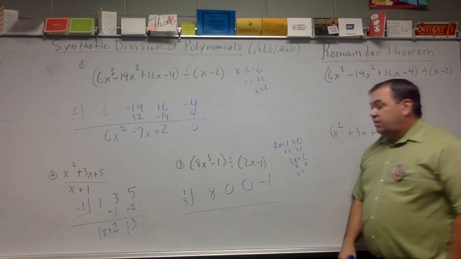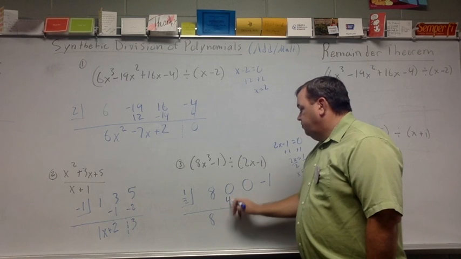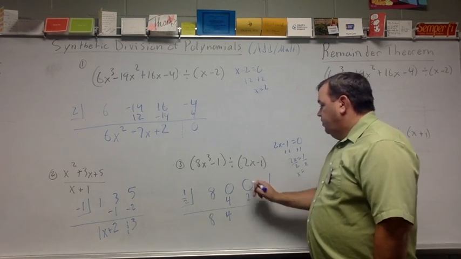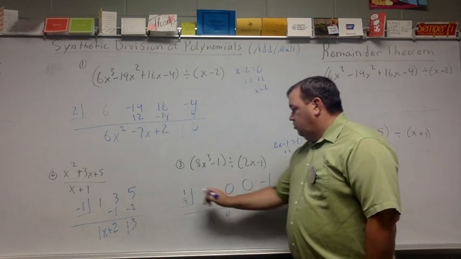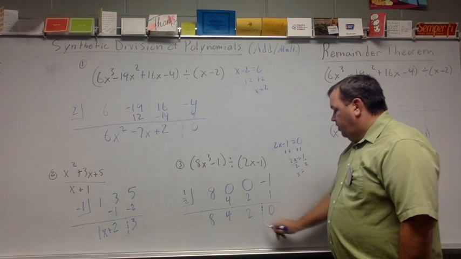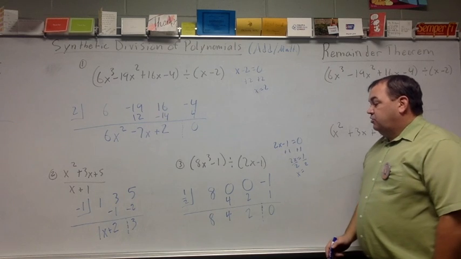And now we'll do the synthetic division. Adding, then multiplying, adding, then multiplying, adding, then multiplying, adding. This is our remainder. So we found a factor, we found a root, an answer to this.